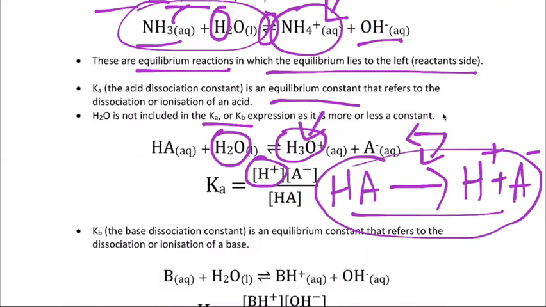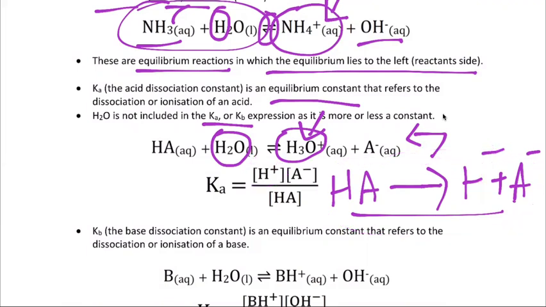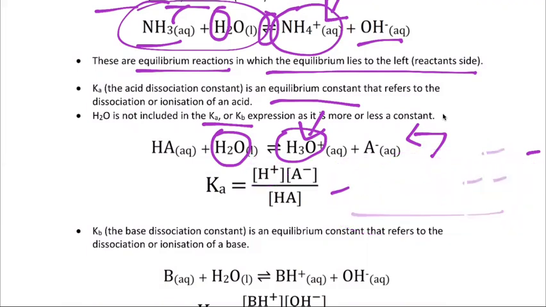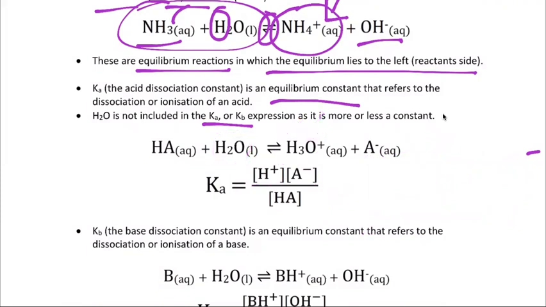And so if you notice, the products are the hydrogen ion concentration and the concentration of our anion, our negative ion, on top, multiplied. And then the bottom is the concentration of the weak acid. Okay. So that's always the setup to find Ka. So if you know all three of those concentrations, you can plug them in and solve for Ka.